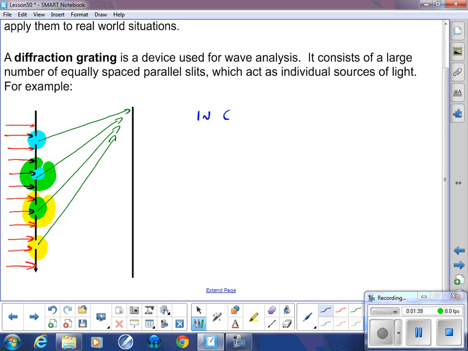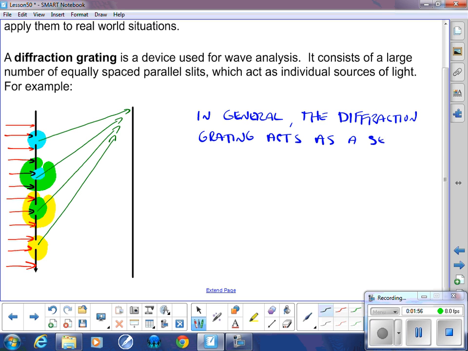So in general, the diffraction grating acts as a series of Young's double slit phenomena.